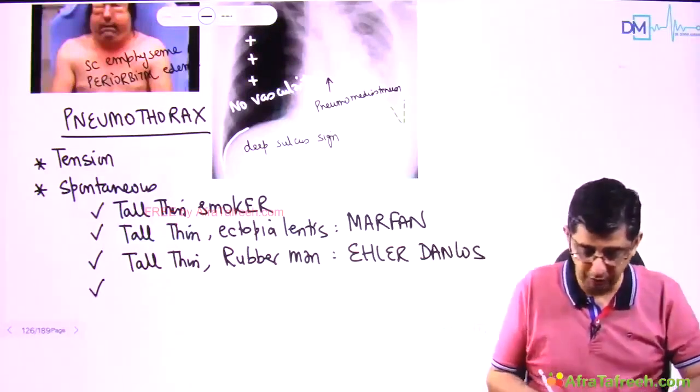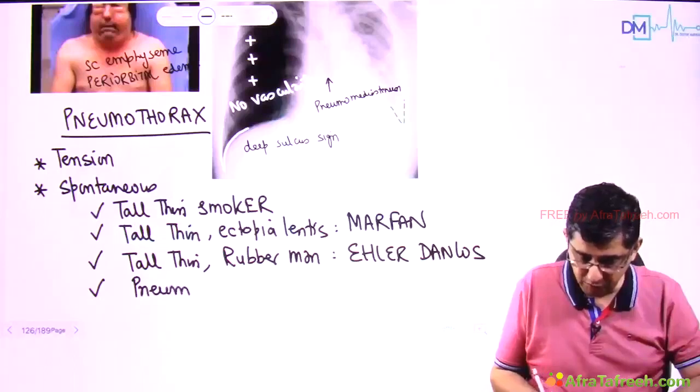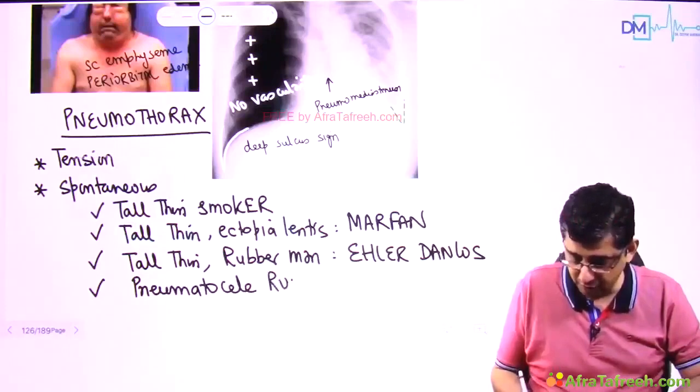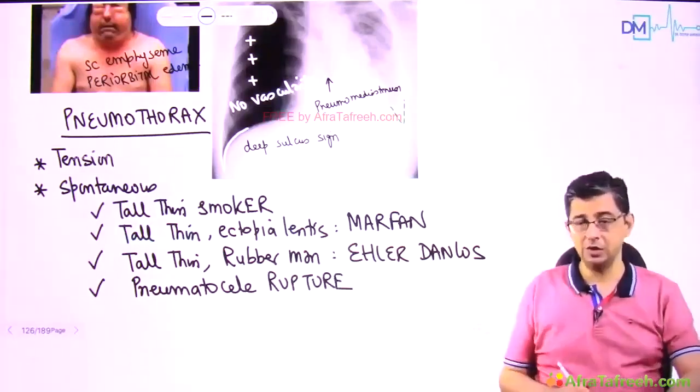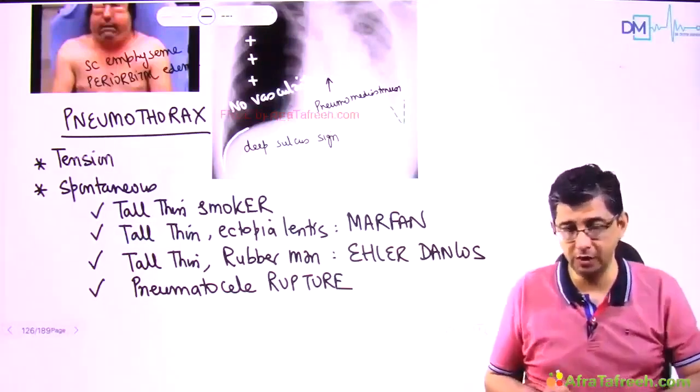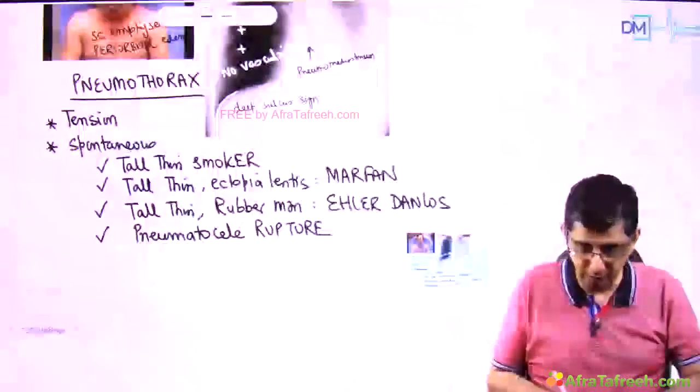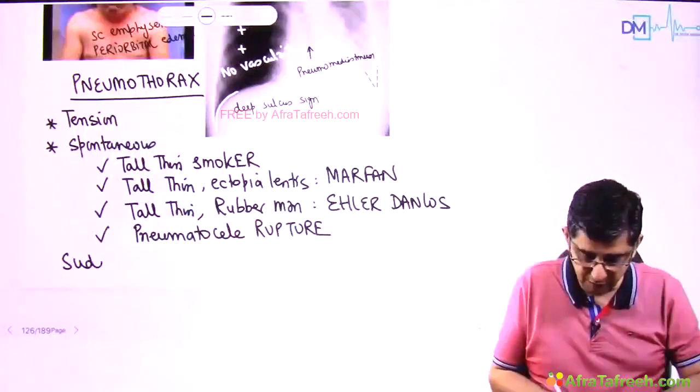Or he can give you a pediatric scenario where a child who is on Staph aureus pneumonia treatment is having a pneumatocele rupture, and that will cause a sudden onset cyanosis to develop in the patient. So these are the usual scenarios for pneumothorax that he will give you, and then he will mention that the patient is having a sudden onset distress.